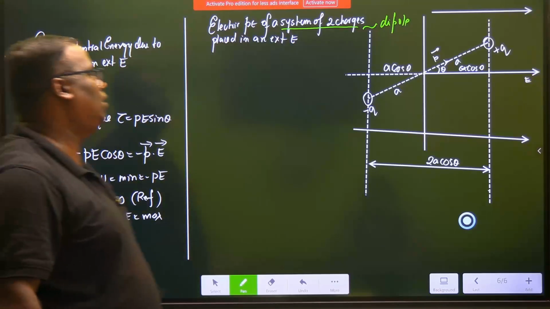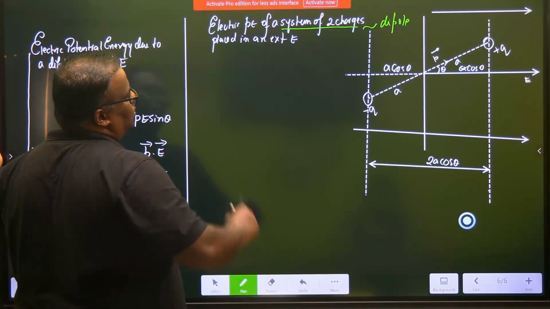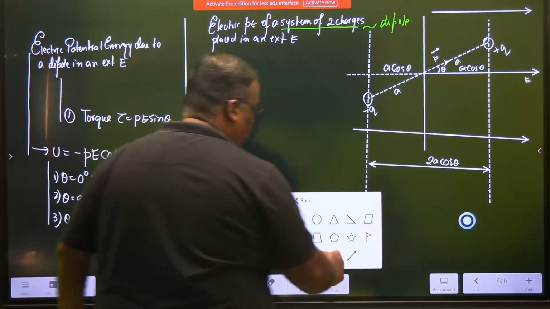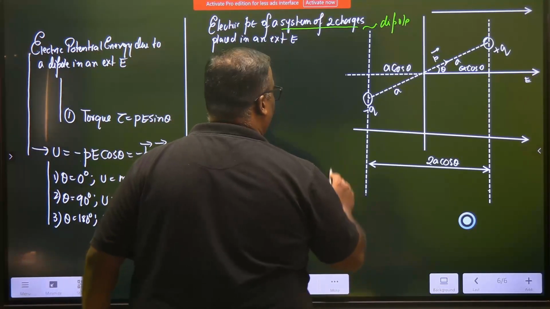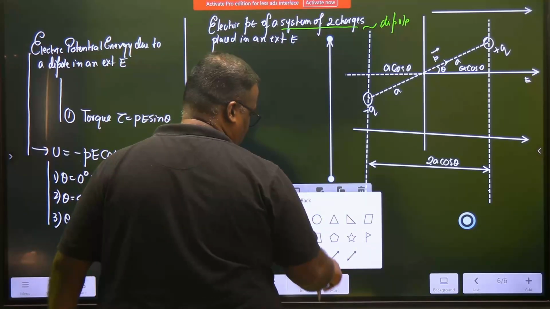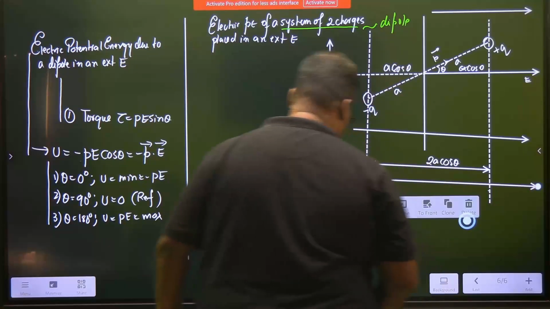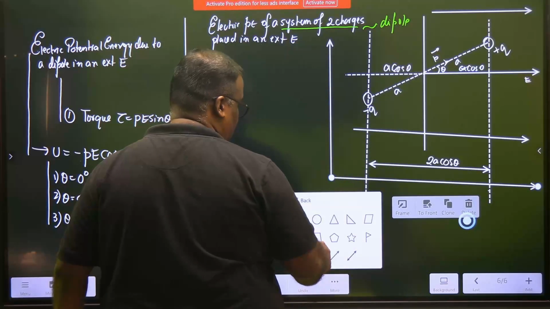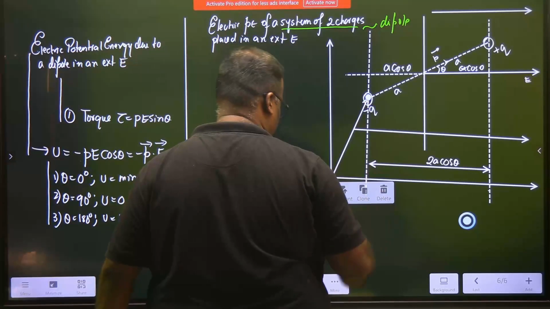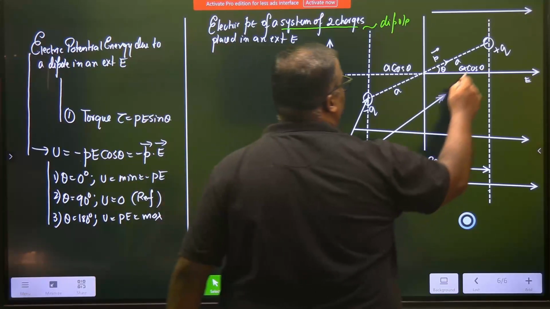Now we have to find out the potential energy of this system. Furthermore, if you want to complicate and make it beautiful, make some coordinate axis also. This shows R1, and this is R2.